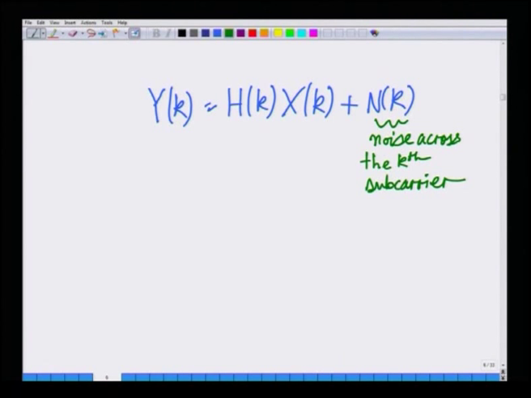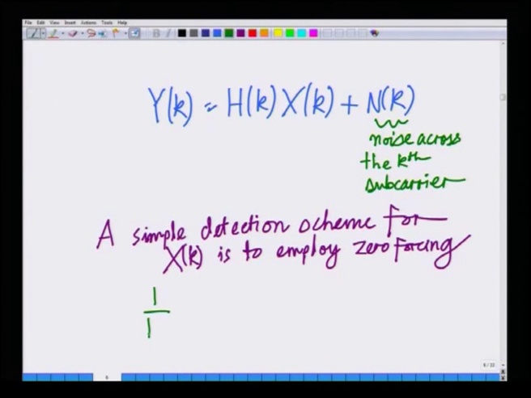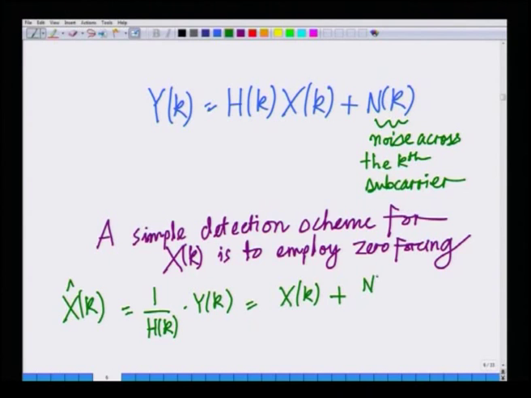So a simple detection scheme for xk is to employ zero forcing, in which xk hat equals 1 over hk times yk, which gives me xk plus nk divided by hk.